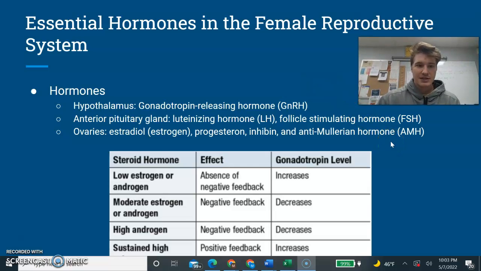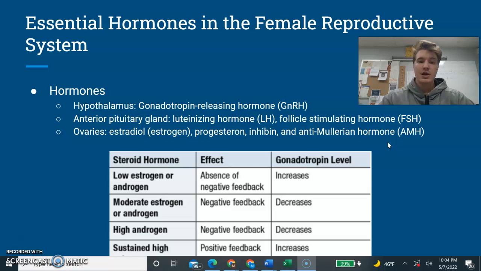But first, I just want to go over some essential hormones that are key to the reproductive system of a non-gravid female. First, the hypothalamus releases a hormone called gonadotropin releasing hormone, abbreviated GnRH.